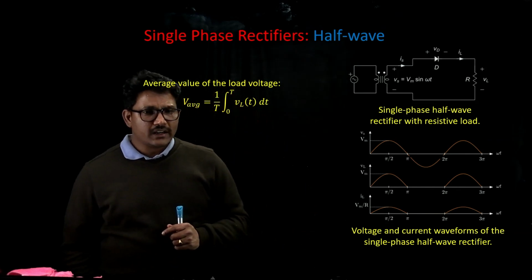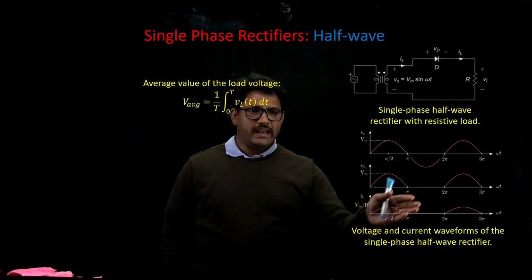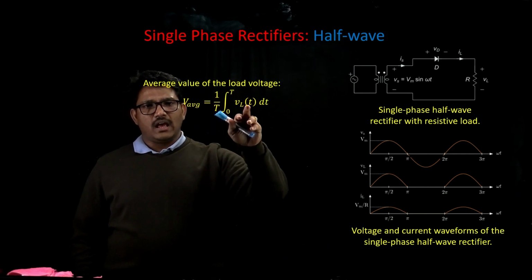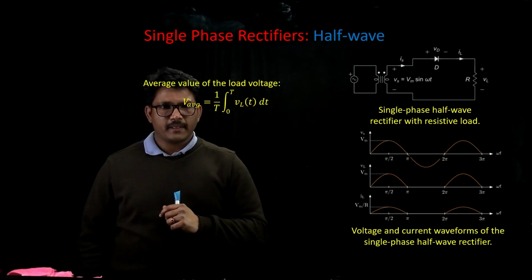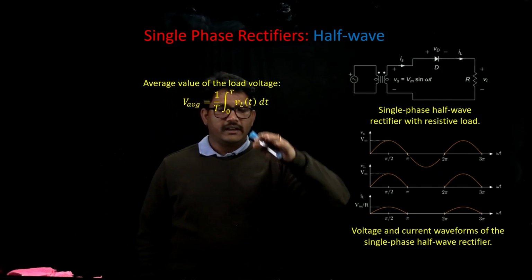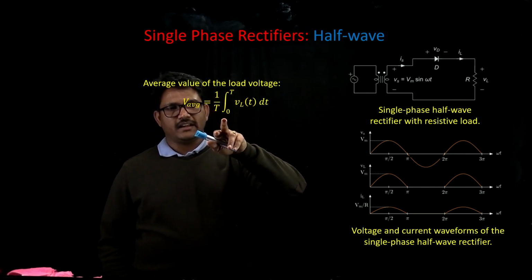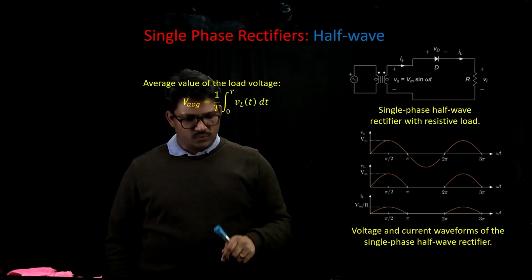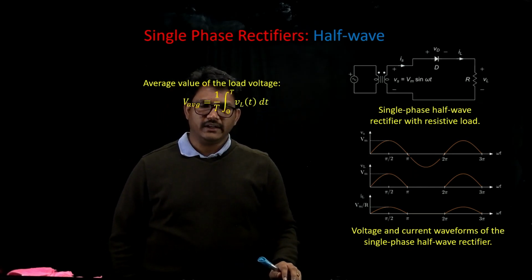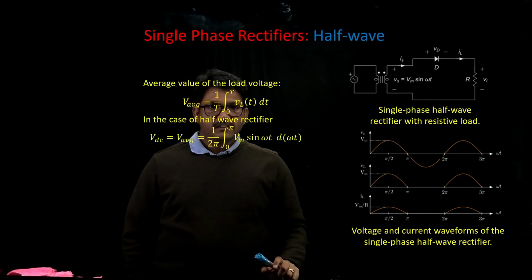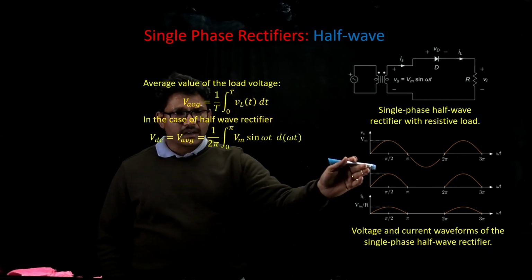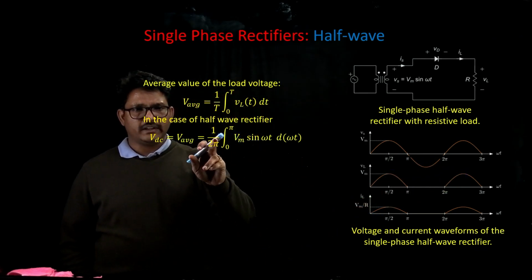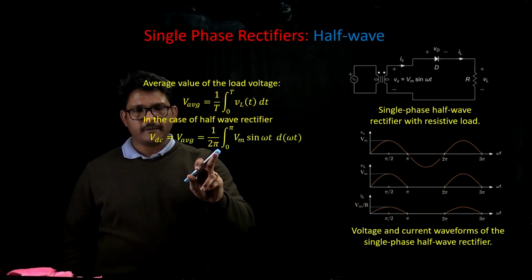Now, if you wanted to get the value of the average load voltage, the average value of the voltage is averaged over the time period T, and that is nothing but 1 upon T, that is the time period, and the area of that particular waveform is what is calculated through the integral. In this case, the total time period of this waveform is 2 pi, so we substituted the time period as 2 pi.